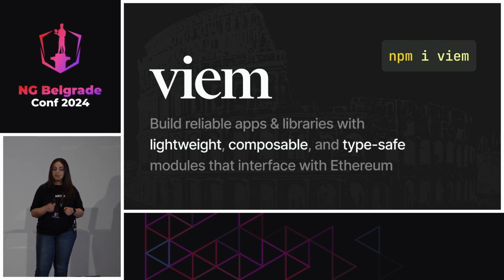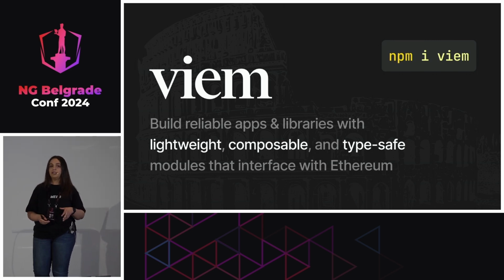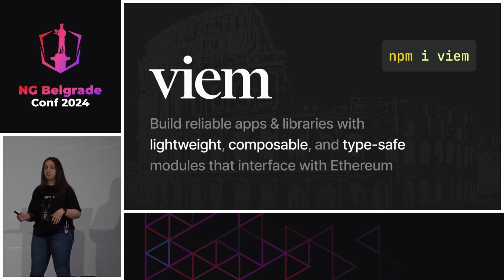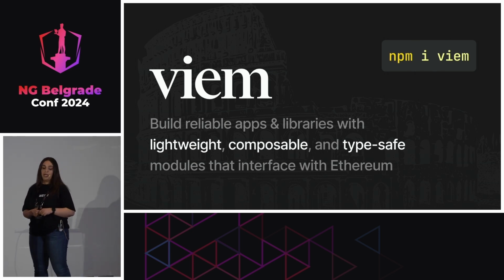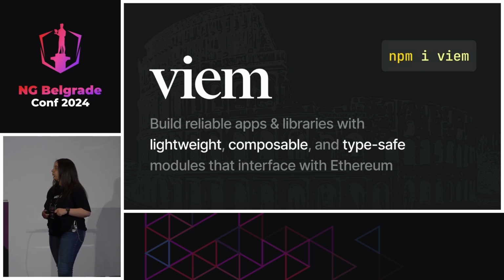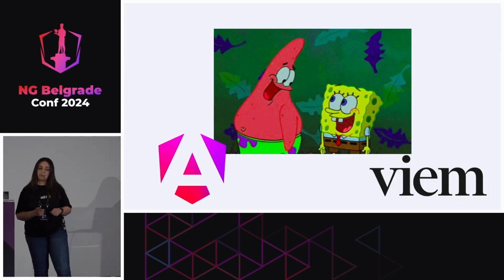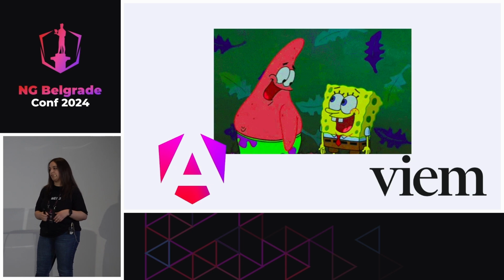So this library is also really light. It's like 20% of the weight of Ether.js and even less than Web3.js. And it's type safe, and it's growing really fast. Angular has really great problems with Ether.js.